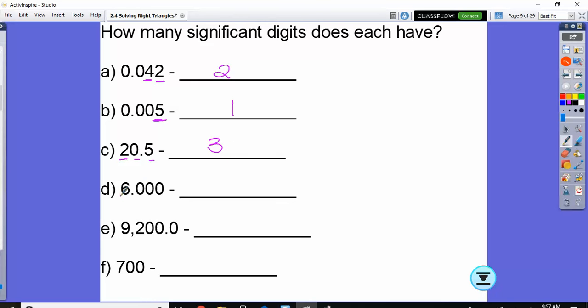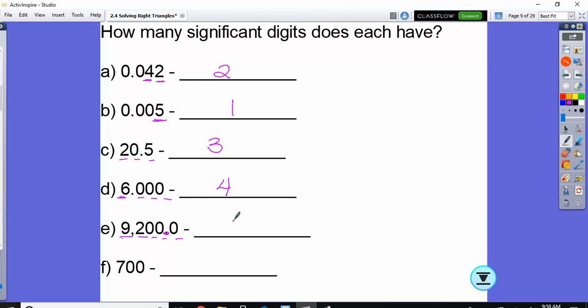On D, first non-zero digit is a 6. If you have a decimal, then you count everything after that. So that's 4 significant digits. E, how many would it have? 2. If there is a decimal, you count all the zeros.